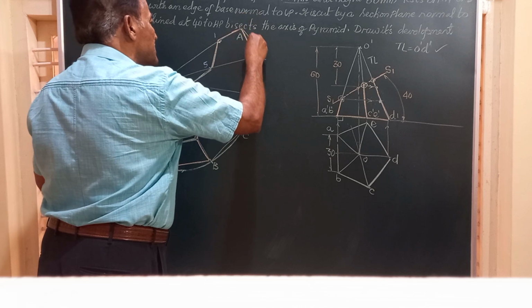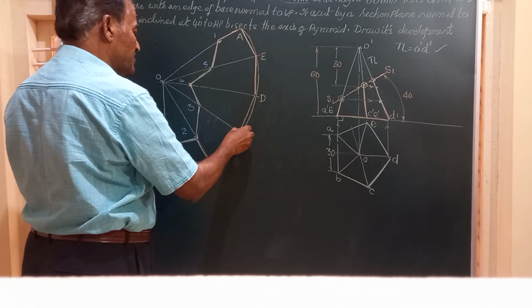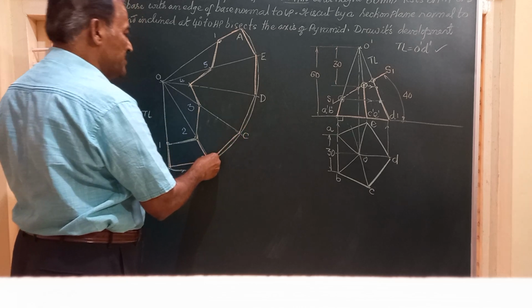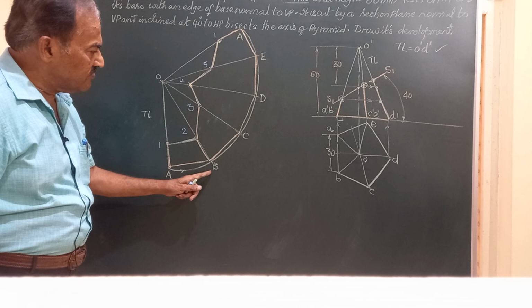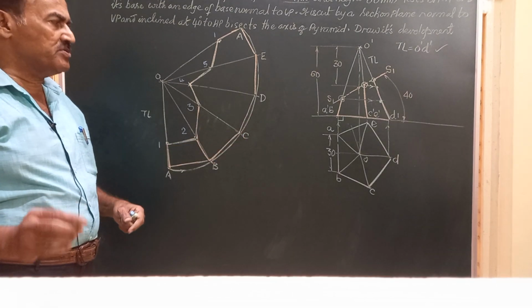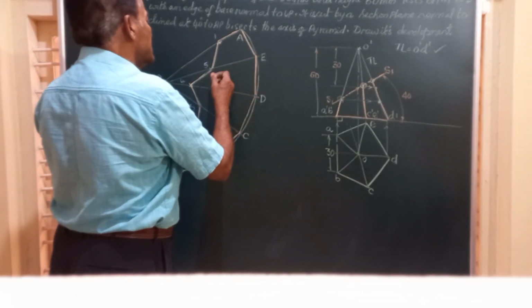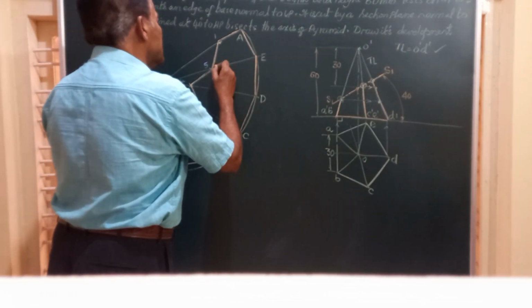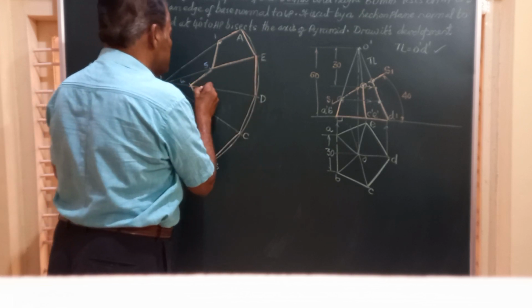We have to show all this by full lines, friends, because the base edges of the pyramid are straight, and this arc portion A to B, B to C, all that should be shown but by very thin line, and these slant edges between the cutting point and the base are to be shown by visible lines.